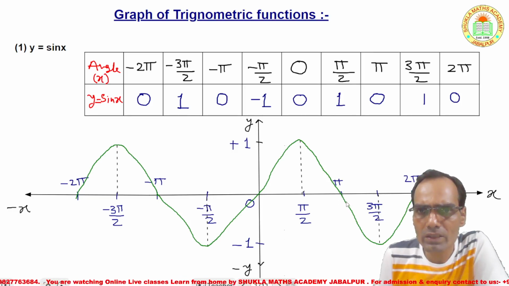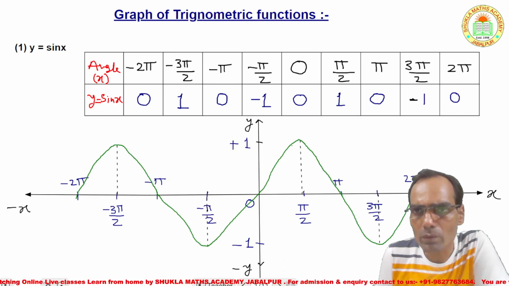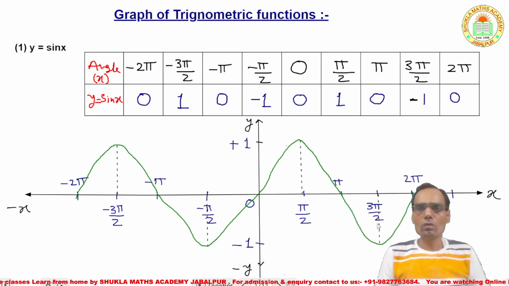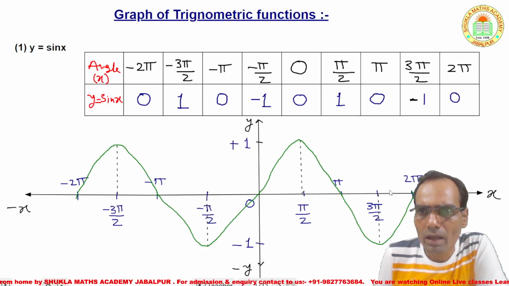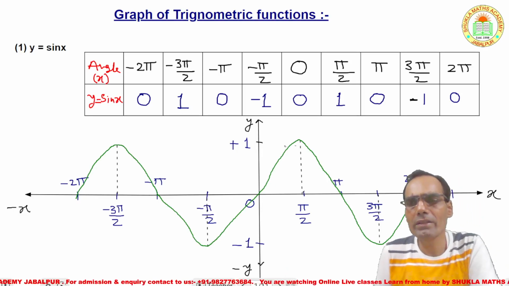And now the next value is 3 pi by 2, it is minus 1, right? So now it will go to the downside, at minus 1. And the next value is sine 2 pi is 0. So again its value is 0, right? And so on. But I'm taking up to 2 pi.